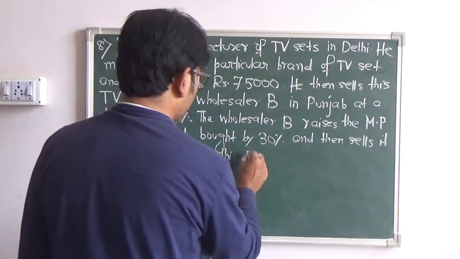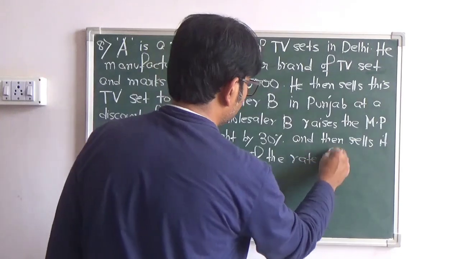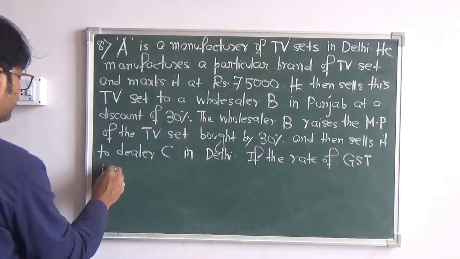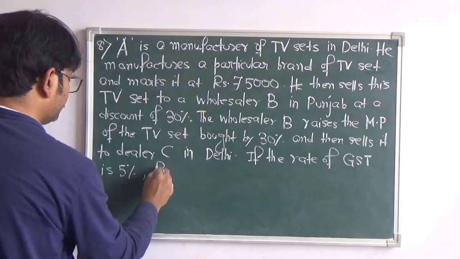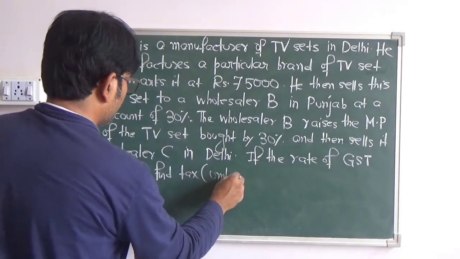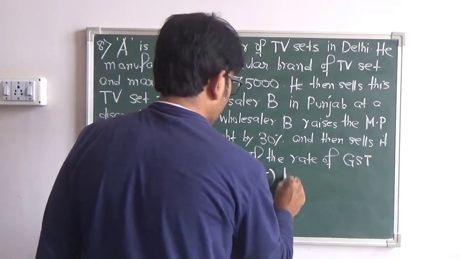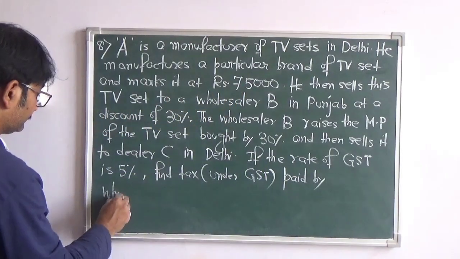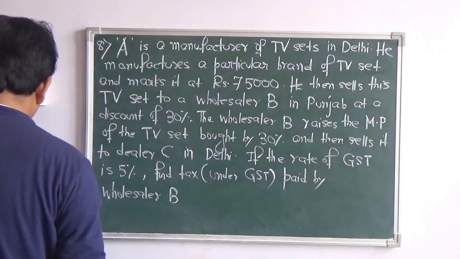If the rate of GST is 5%, find the tax under GST paid by wholesaler B to the government.